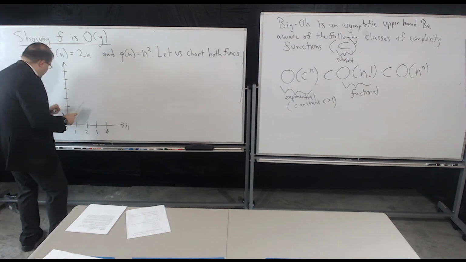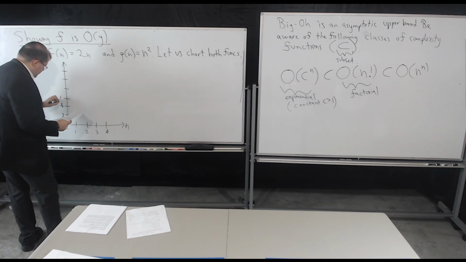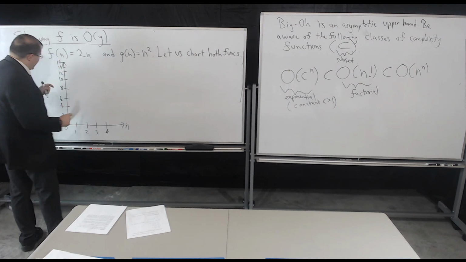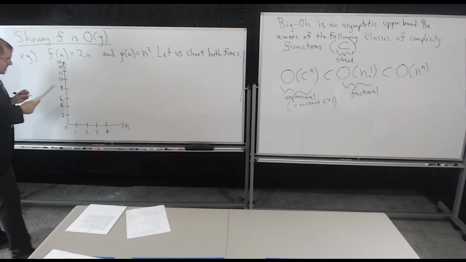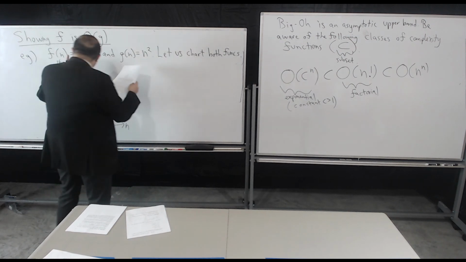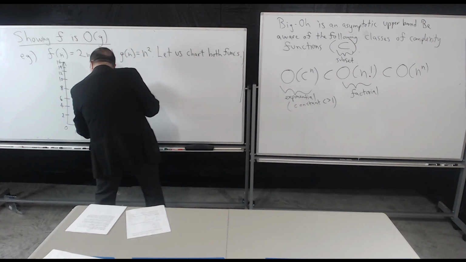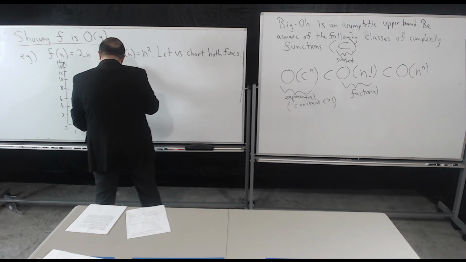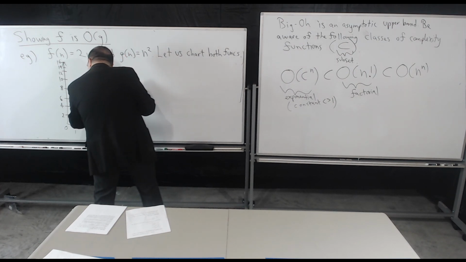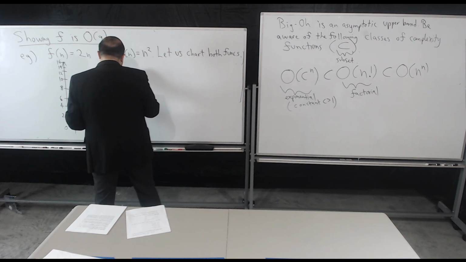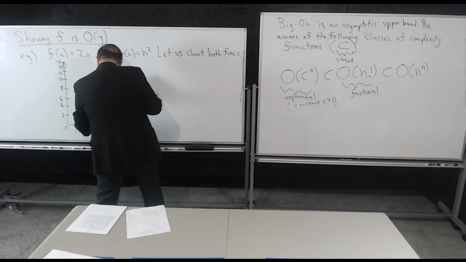So I'm going to go up by 2's here: 2, 4, 6, 8, 10, 12, 14, 16. I kind of needed to fudge this a little bit. Okay. So I'm going to plot out these two functions here. I know that if I consider 2, I should get 4 for f of n. And likewise, it should go up to 8 when it's at 4.